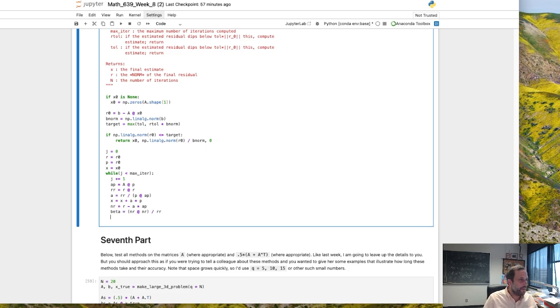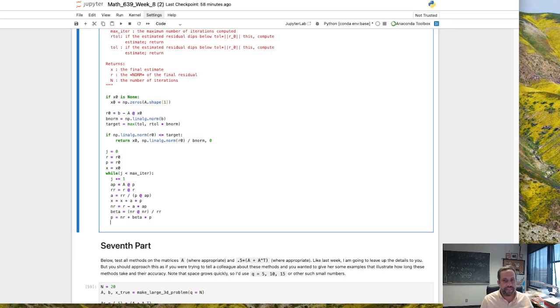And then now we can update p. So p is going to be equal to r_{j+1}, the new r, plus beta times p_j, or just times p. So now we have the updated p. I could write this a little bit differently, but I'm going to keep it like that.